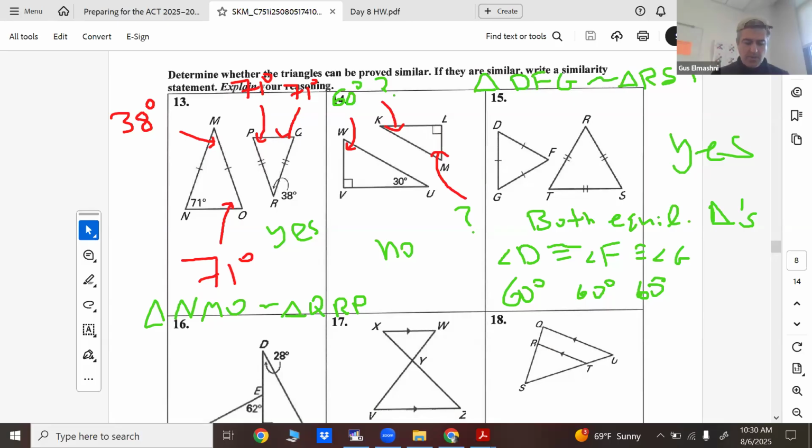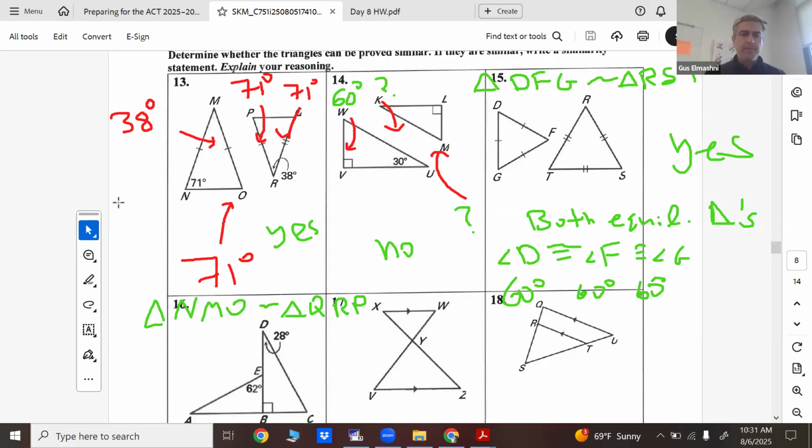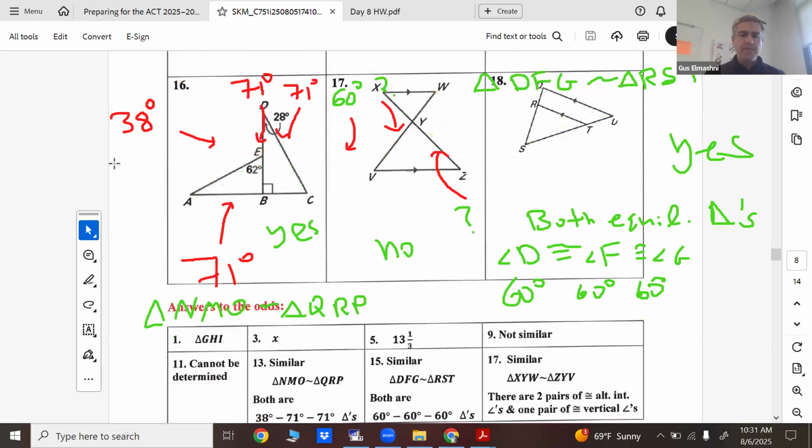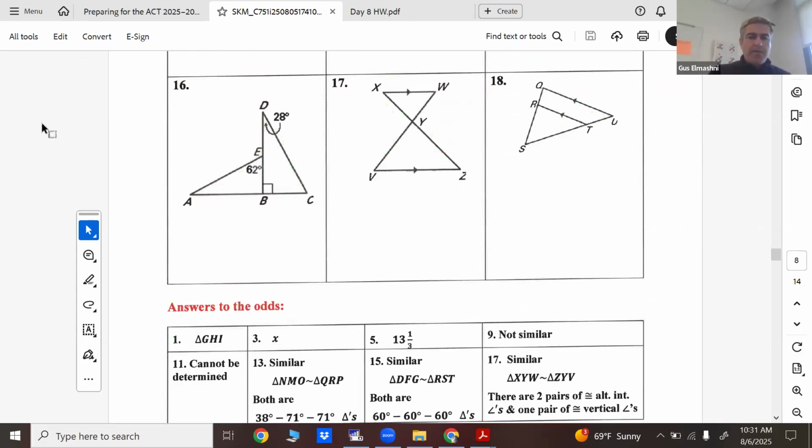And then let's go and try the last three. And then I'm going to kind of pick and choose for the next set. So I'm going to reorient these triangles for you guys. I'm going to reorient it like this.